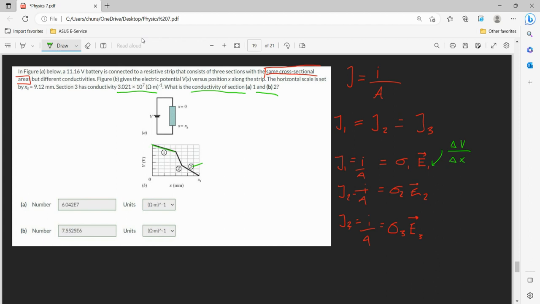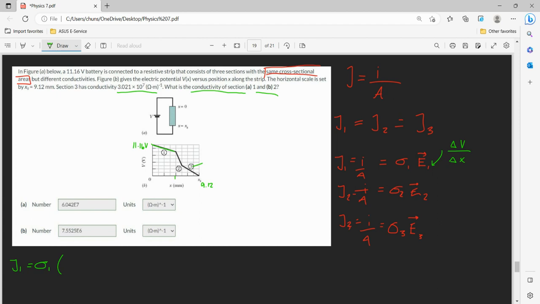So if I start with section 1, J1 is equal to conductivity value 1, and we have our scale set by 9.12, and we have 11.16 volts to start.